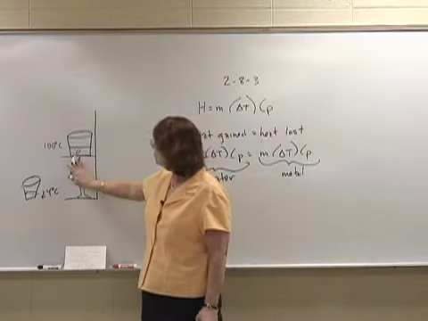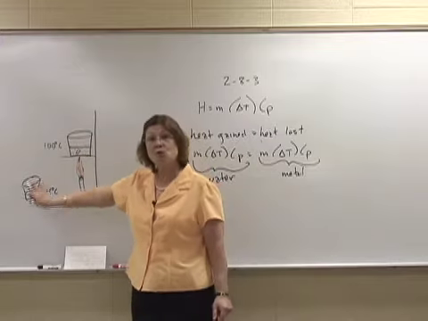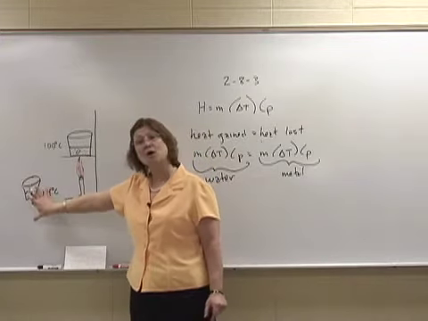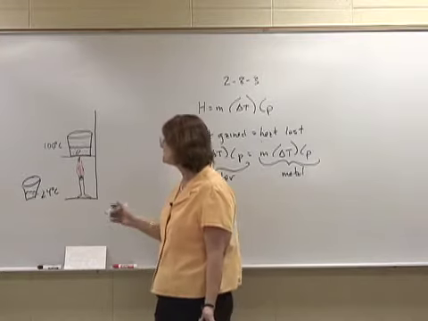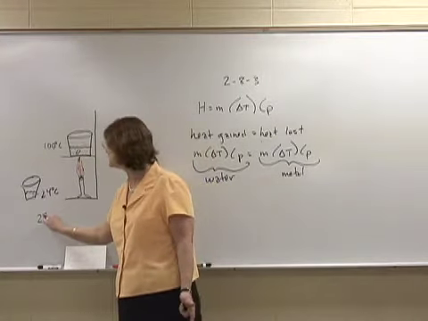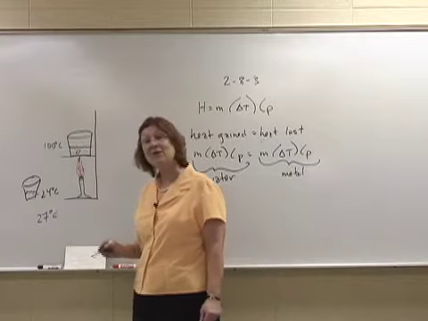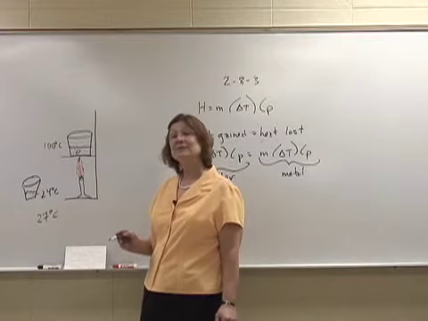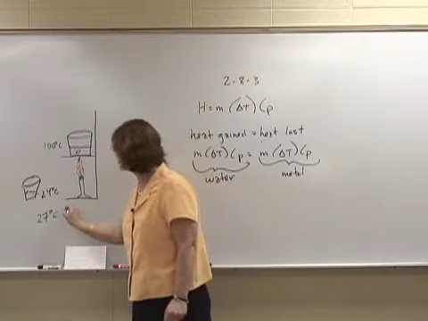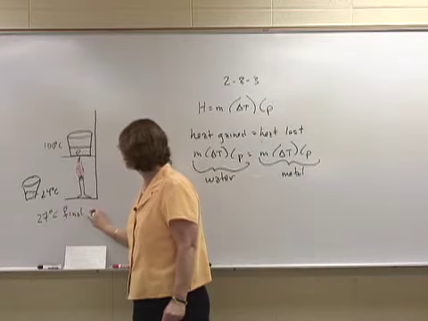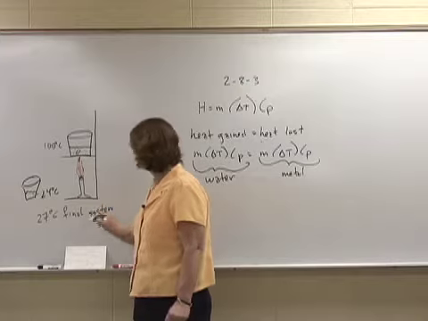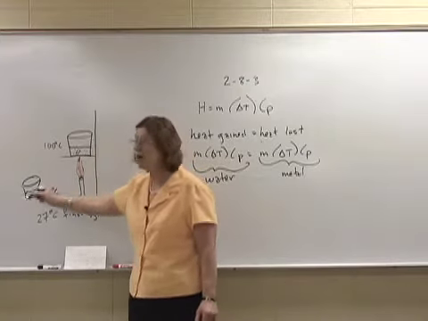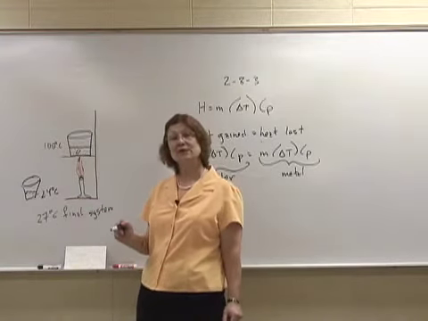Now, once I put the metal into the water, the temperature of the water is going to increase only a couple of degrees. So let's say that it goes up to 27 degrees Celsius, and that would be called my final system. So I put my metal into the water, and the water goes up by 3 degrees.